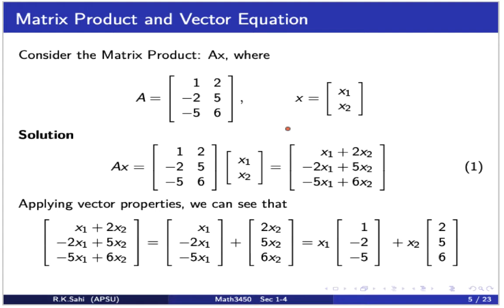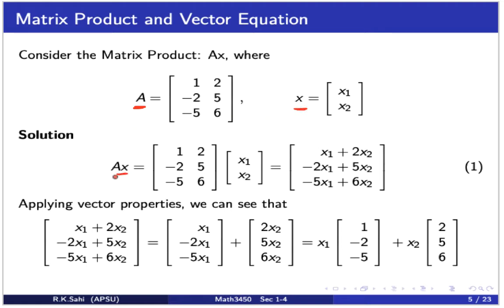I hope you are comfortable by this time, so I'm just going to write down the matrix product. One very important thing to remember is that in a matrix product, the columns of the first matrix should equal the rows of the second matrix.